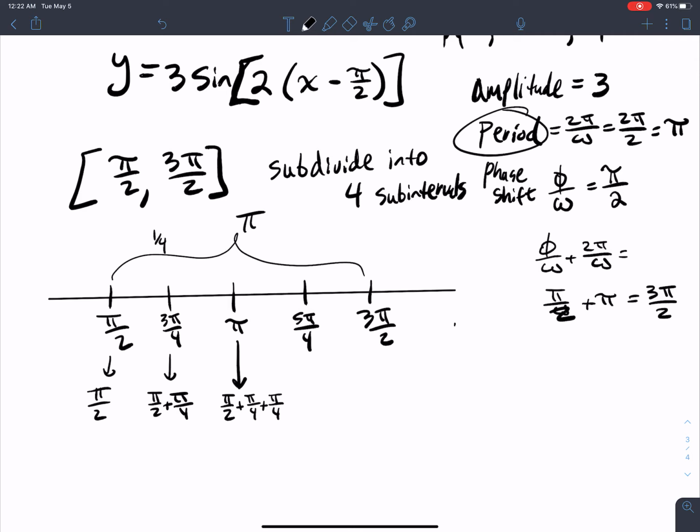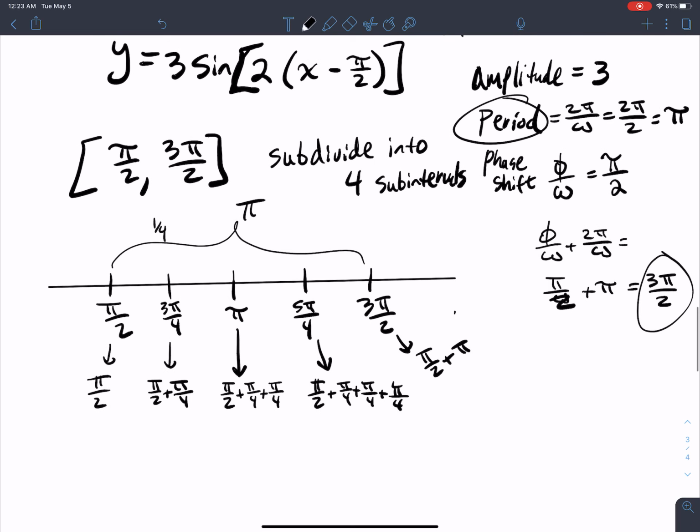Your next value is pi over 2 plus pi over 4 plus pi over 4 plus pi over 4, right? And then the last one is your pi over 2 plus pi that we got here, all right? So those points, these are critical points.